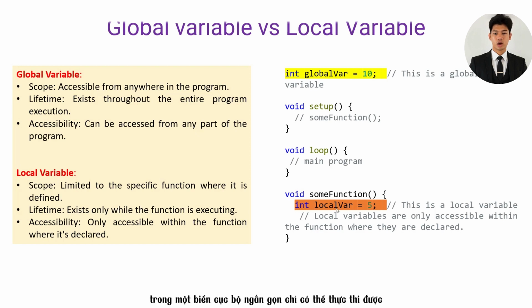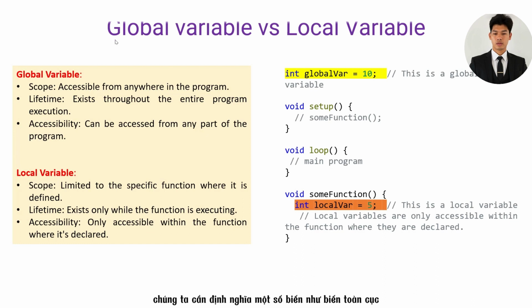In brief, a local variable only exists within a specific function. Out of that function, it is not known or usable. Whereas a global variable can be accessed throughout the whole program, from any function, from any place. So that's the difference between global variable and local variable.